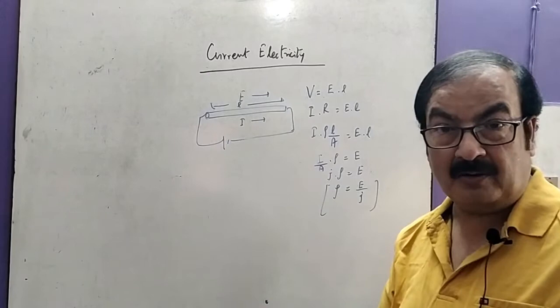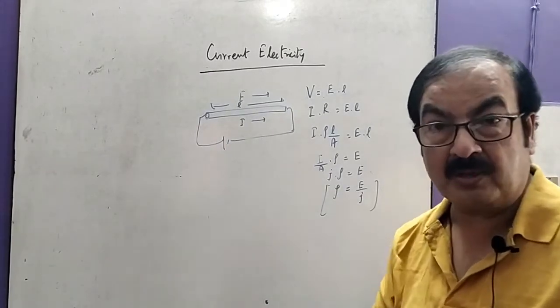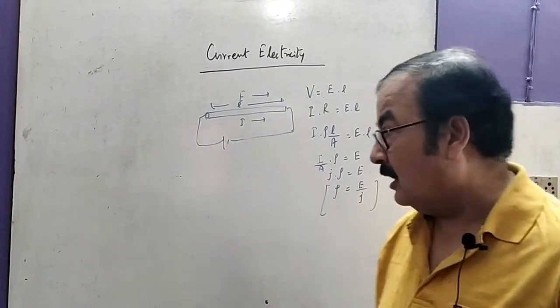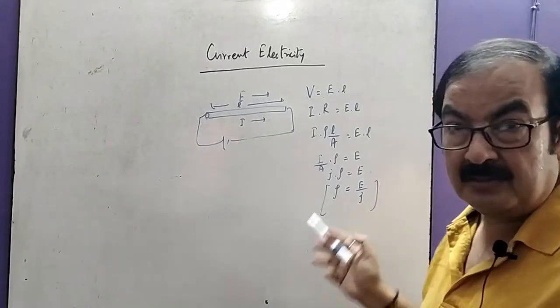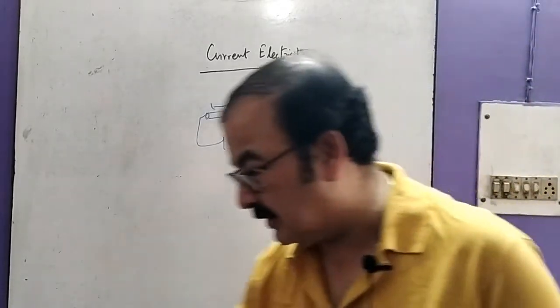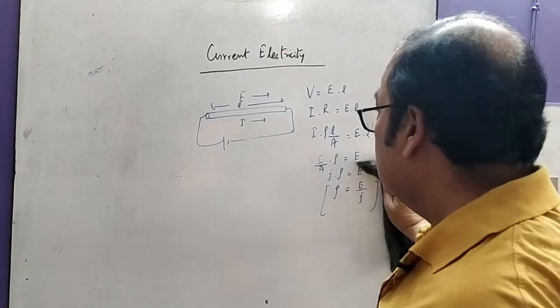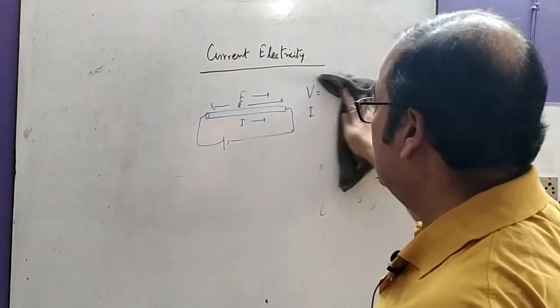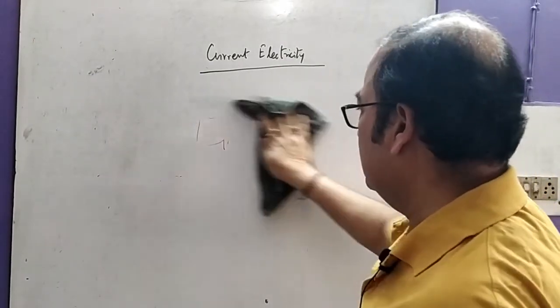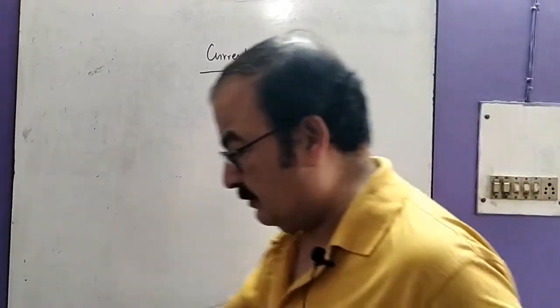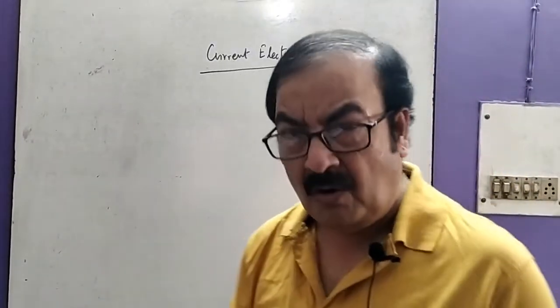We have seen the definition of rho according to the laws of resistance, and now it comes like this. Now on the basis of resistivity different materials are classified.